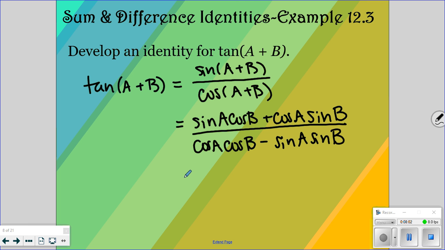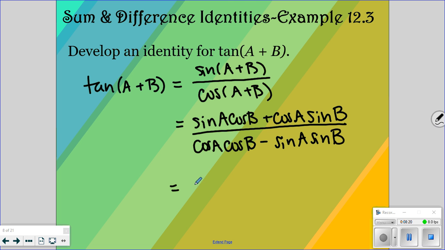Now, whenever you're developing your tangent identities, the one that we want is when the denominator's first term equals 1. So when this is a 1 is the identity that we're looking for. There would technically be 4 ways you can write this, but that's the one that is most common, and that's the one they're wanting you to get to.